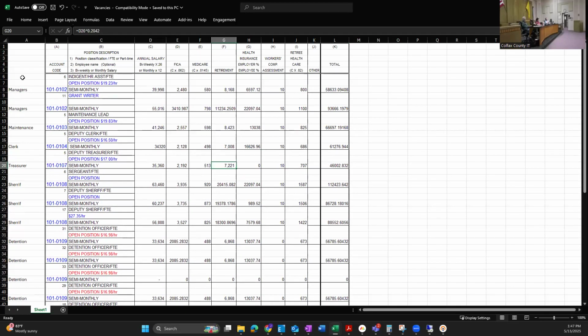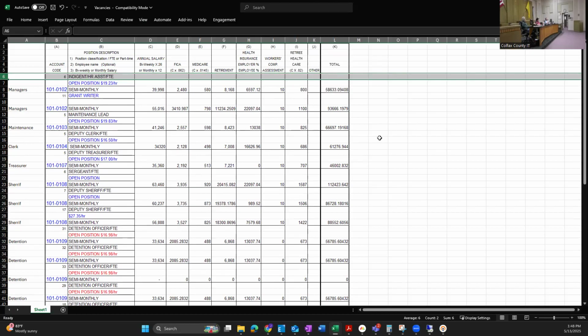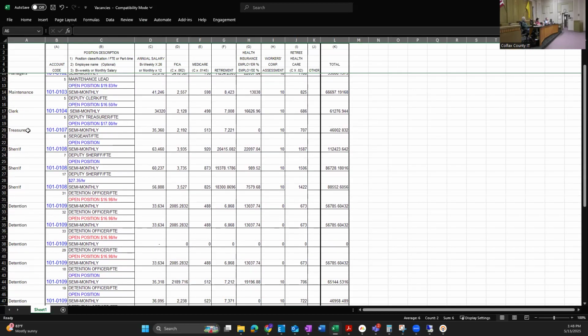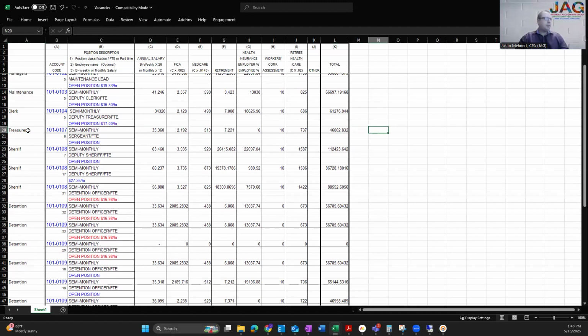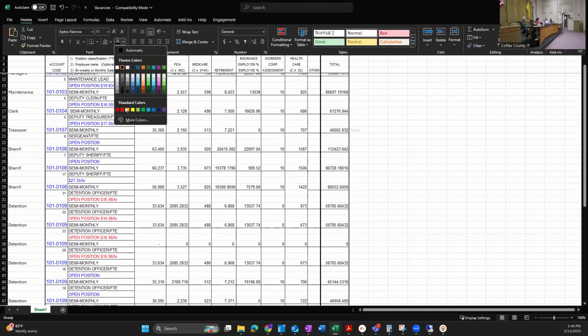So indigent care, that's correct. That one's gone. Grant writer's gone. Maintenance we never filled. Deputy clerk, that never came to commission yet. Treasurer is filled, right? Yeah, I think I heard him say that earlier. And warden, I believe her sergeant is filled.